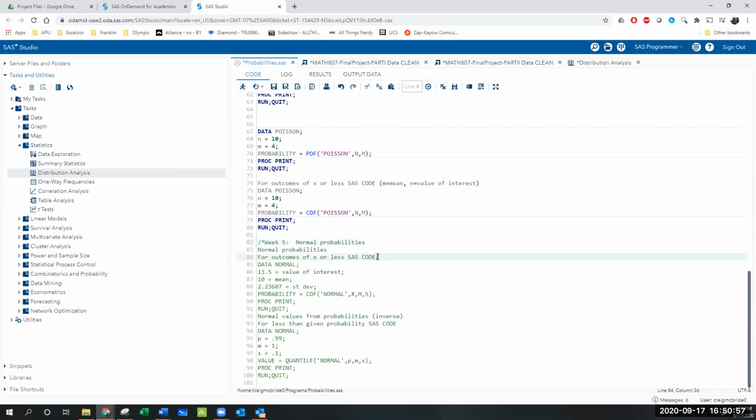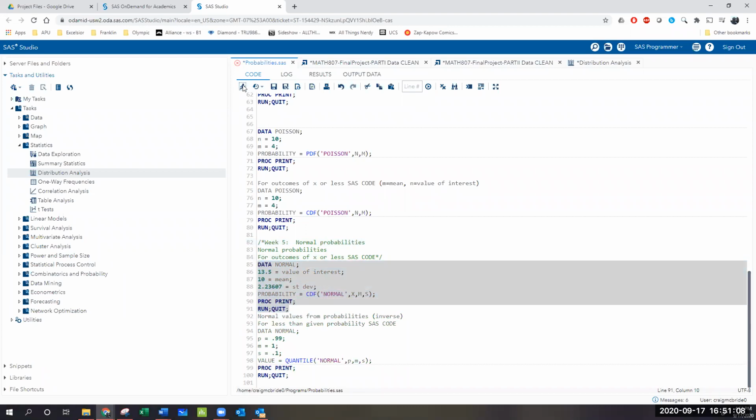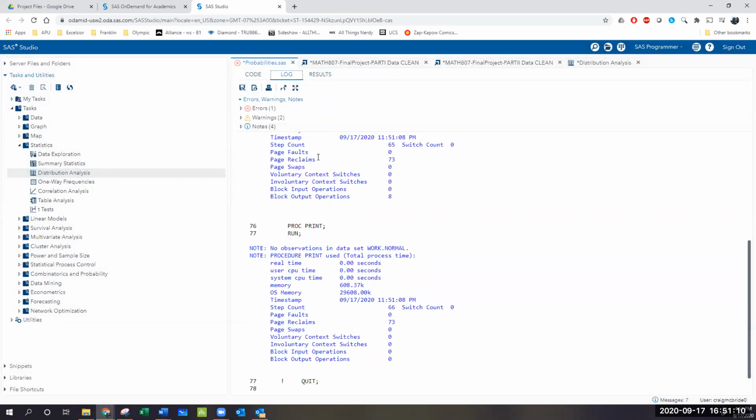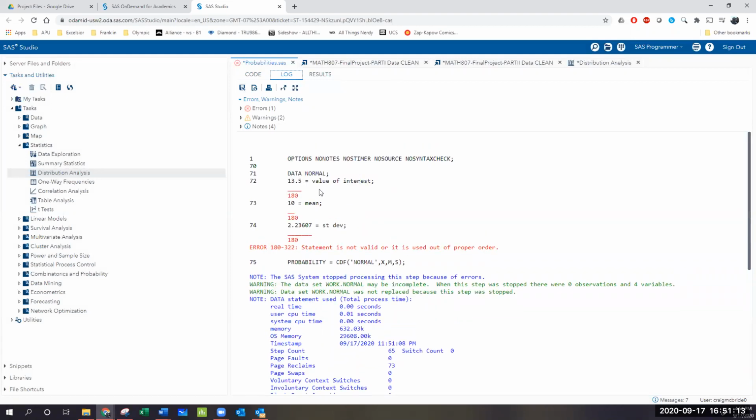You're writing normal, yeah, okay. So data normal. There we go. Let's try that again. What's wrong? Statement is not valid or is used out of proper order.